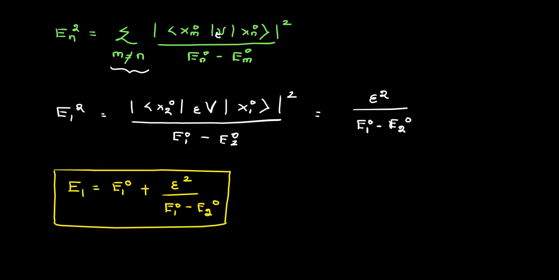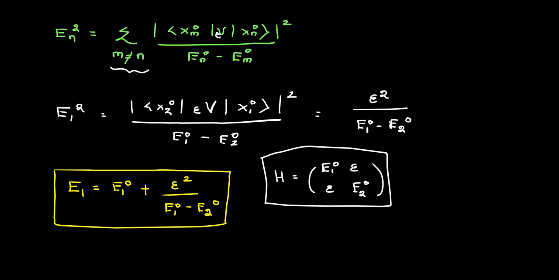That is, you take the Hamiltonian, which in this case was E_1^0, epsilon, epsilon, E_2^0. You take this Hamiltonian and find the eigenvalues and eigenstates of this Hamiltonian, and then you will see that one of the eigenvalues looks like this, and let me write another eigenvalue. Let me just write the result, which looks like this.